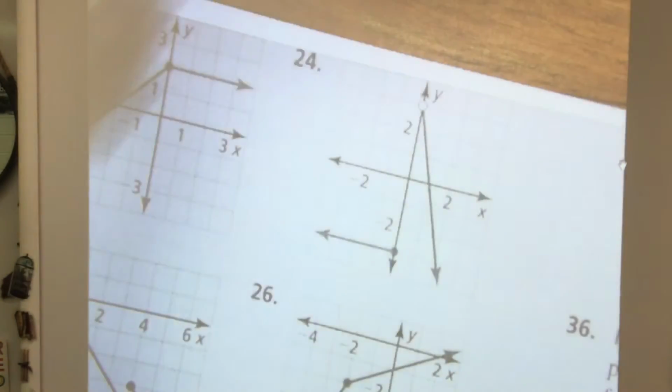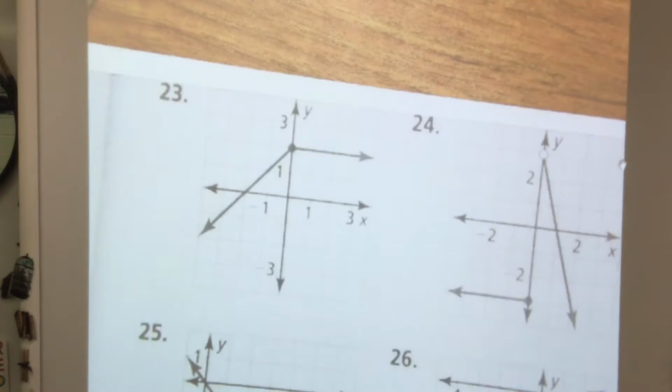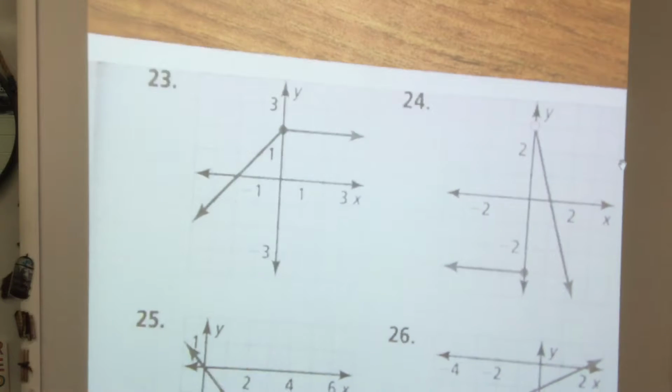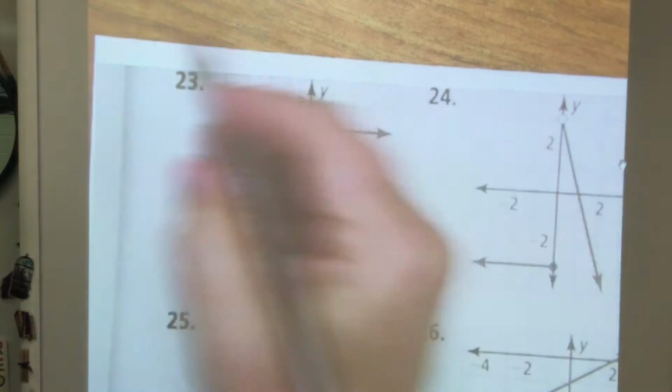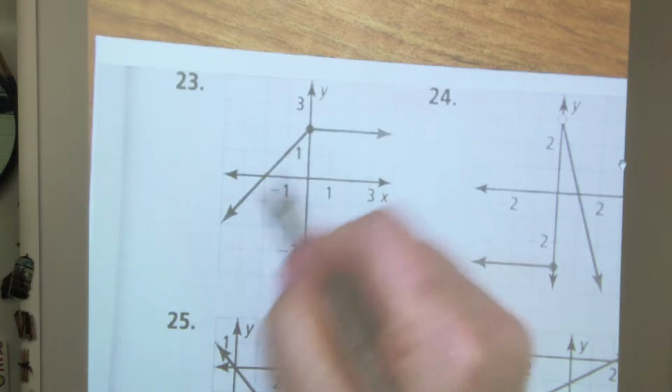So the next page, they give us a couple graphs, and then they want us to write the piecewise function, or the equation for them. And on this one, I'm going to start left to right.